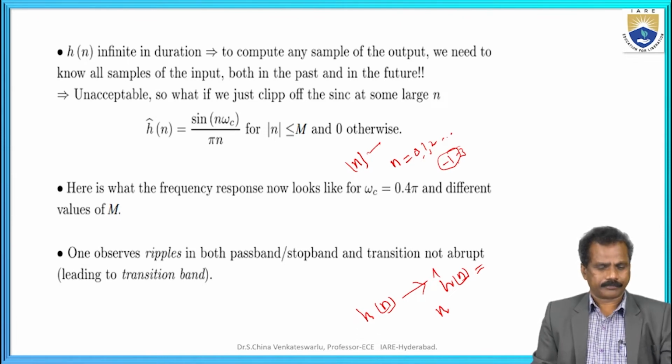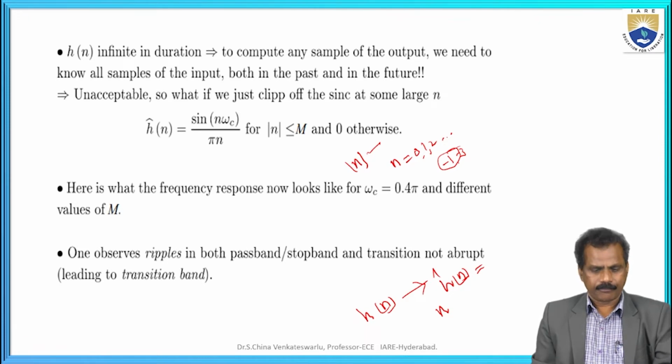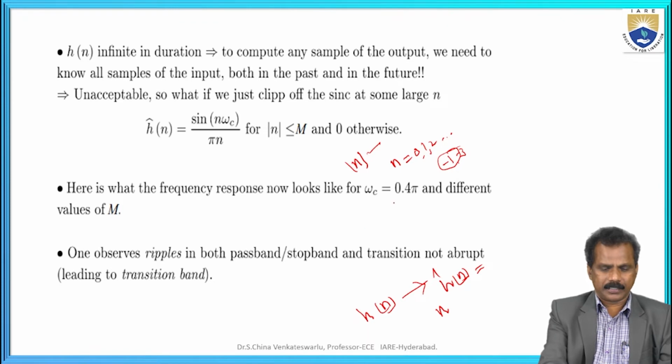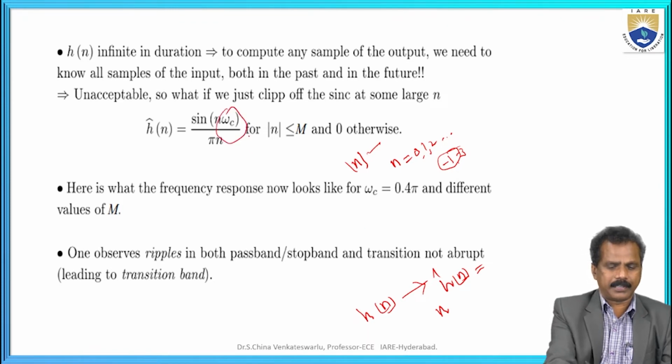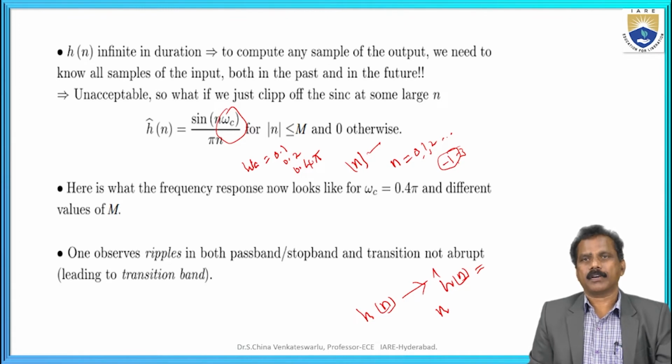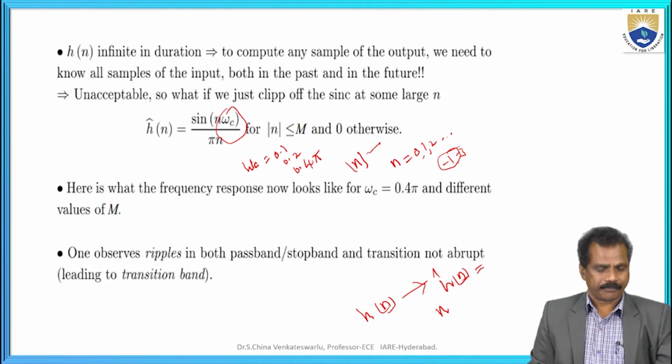Here the frequency response now looks like this for omega c. That omega c is specified, where omega c is equal to, initially, maybe 0.1 or 0.2 or 0.4 in terms of pi, and the different values of capital M.